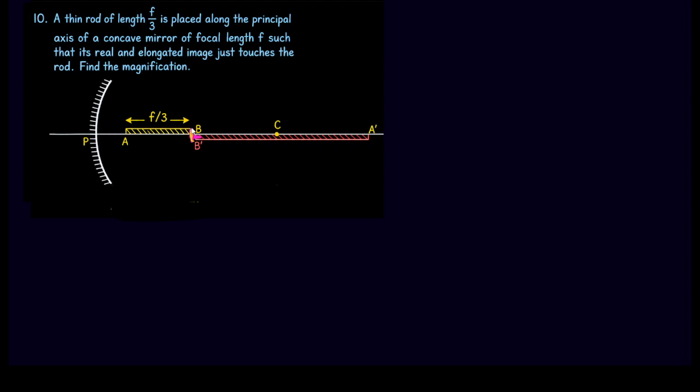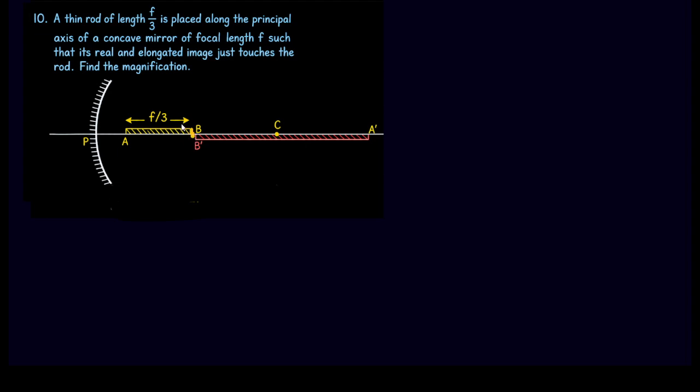This is not a point image. Look at this B: if we locate the object at this point, the image of B is formed exactly here only.